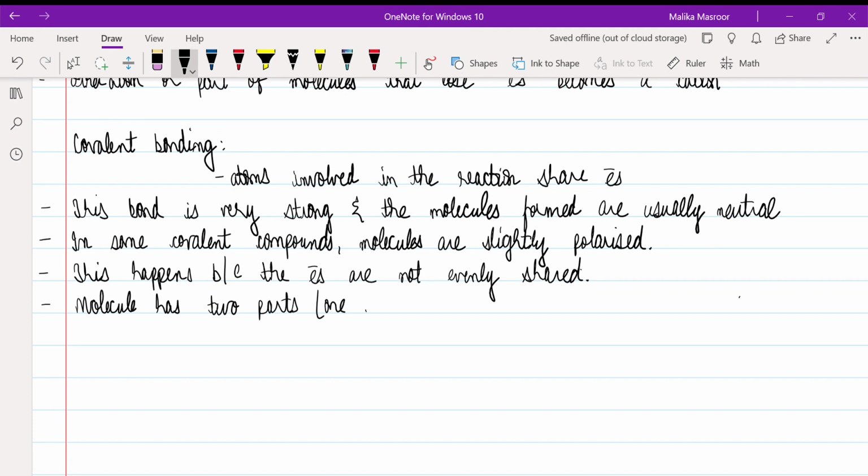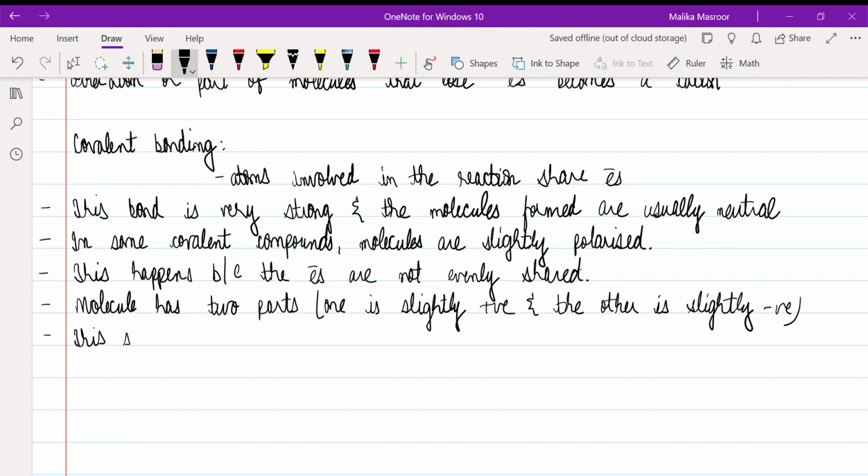One is slightly positive, and the other is slightly negative. Hence the names partially positive and partially negative. So this separation of charges will be known as your dipole. Clear?